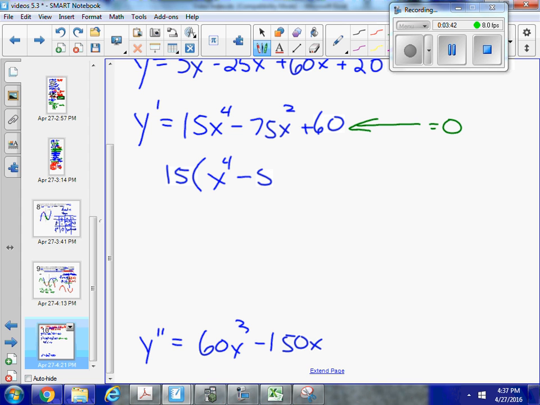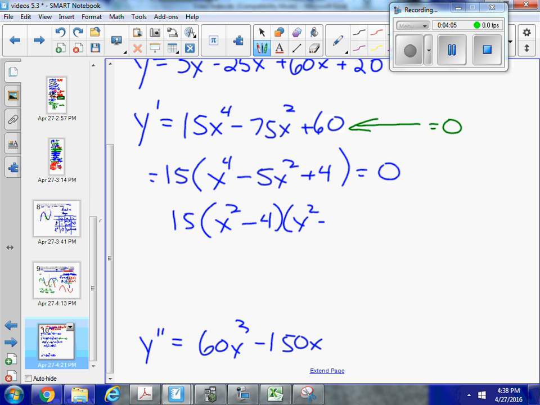X to the fourth minus 5x squared plus 4. And I can factor that, and I want to find out where that is equal to 0. So I can factor that into 15 times x squared minus 4, x squared minus 1 equals 0.